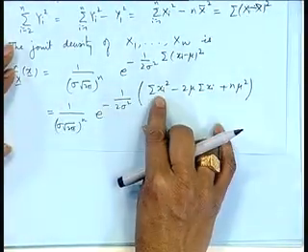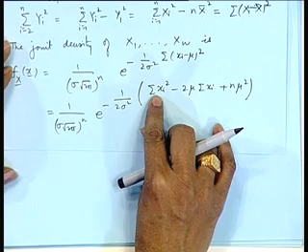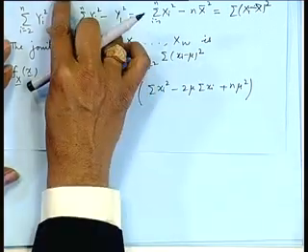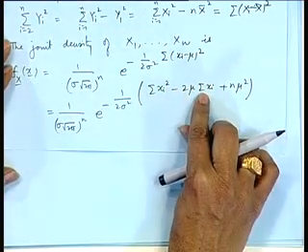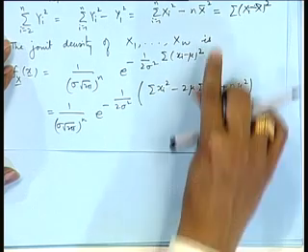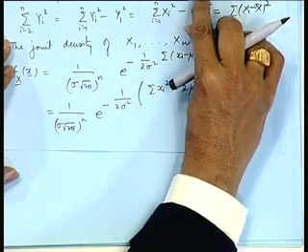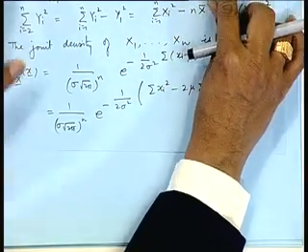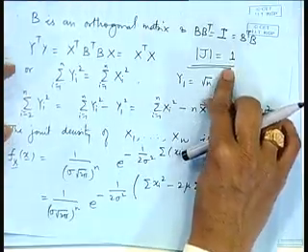In the density of x1, x2, ..., xn, let us substitute the transformed values in terms of yi's. So, sigma xi square will become sigma yi square, and this sigma xi is nothing but n x bar. Now, x bar is y1 by root n. So, this also we can substitute and multiply by the Jacobian of the transformation, that is unity.